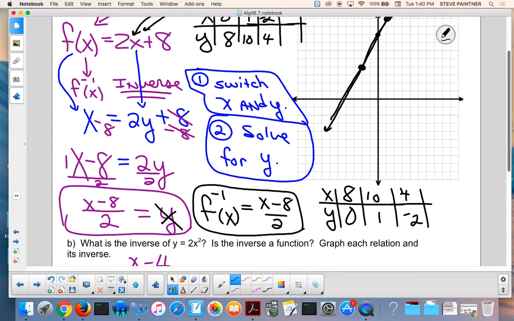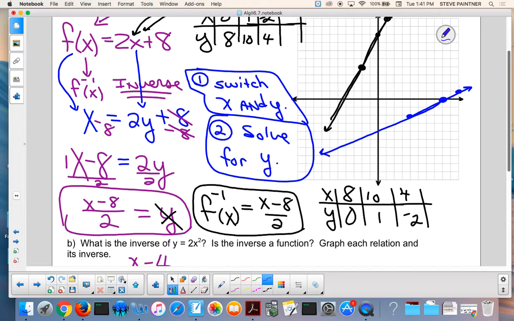There. I didn't even have to think about it. I just switched them. Okay, (8, 0), about right here. (10, 1), here. (4, -2), here. There it is.